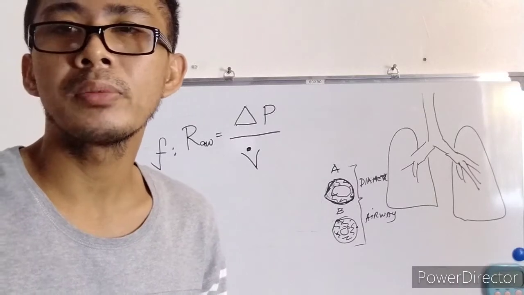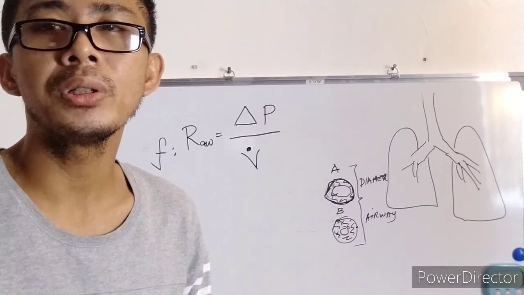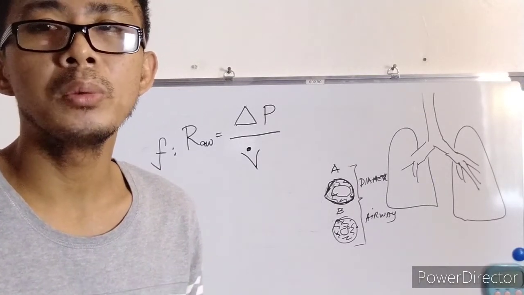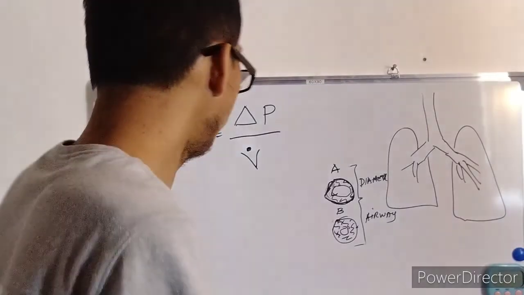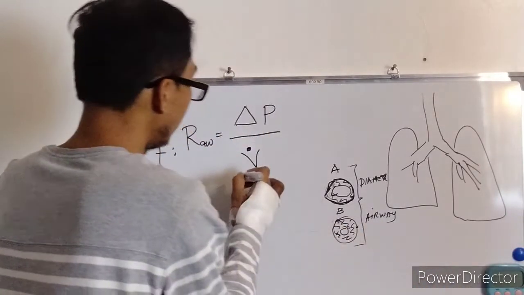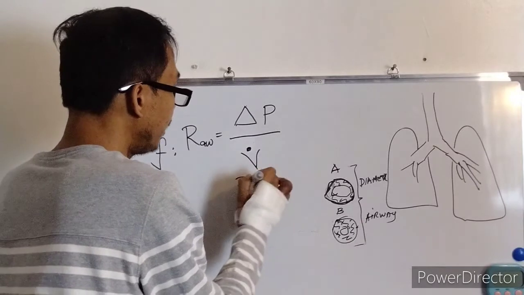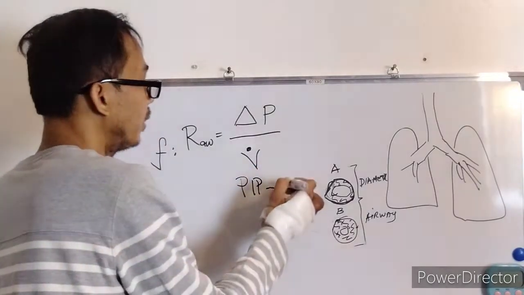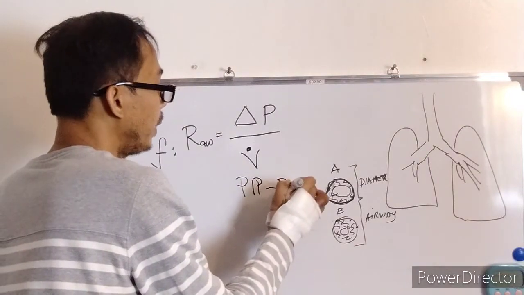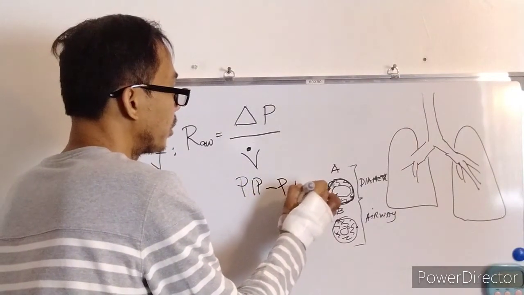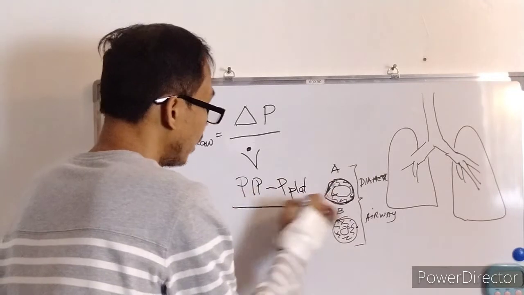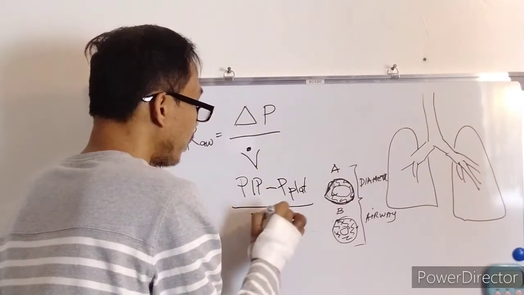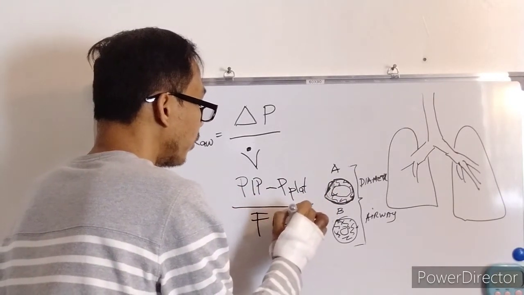PIP stands for peak inspiratory pressure, and you subtract from it your plateau pressure, or P flat, over your inspiratory flow.